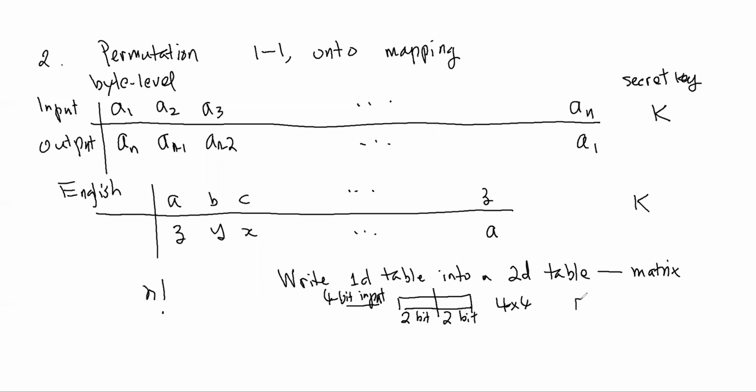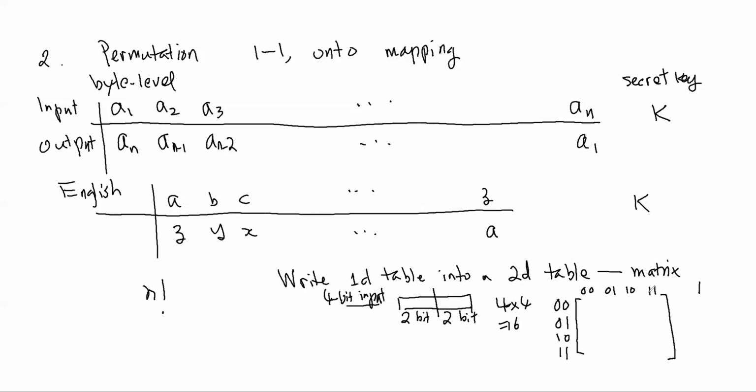So this is 0 0, 0 1, 1 0, 1 1 across the top, and 0 0, 0 1, 1 0, 1 1 down the side. Altogether, you get 16 different cells. 4x4 is equal to 16 total cells.